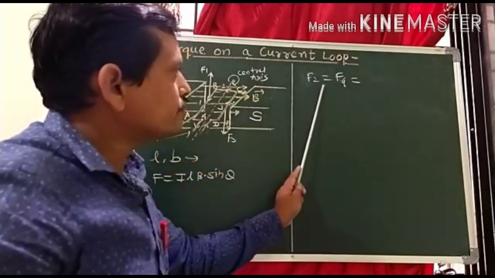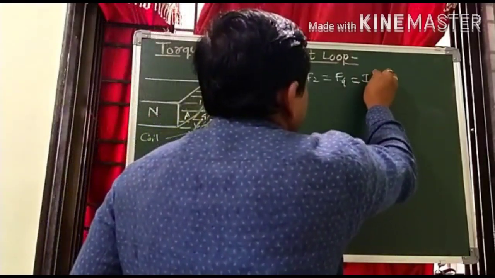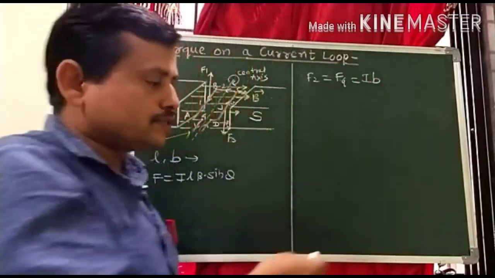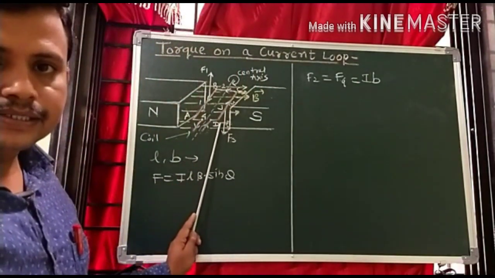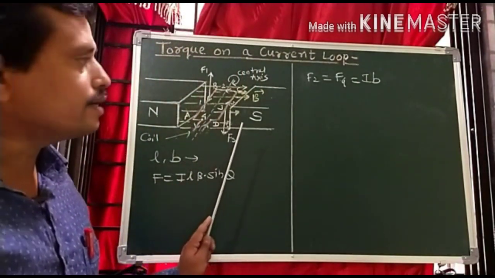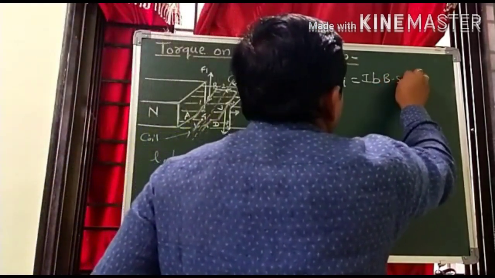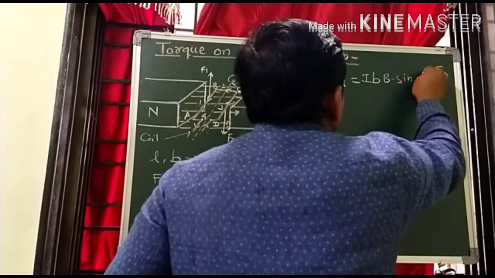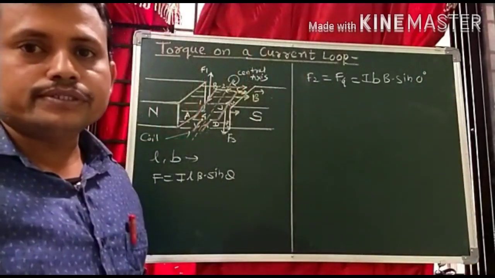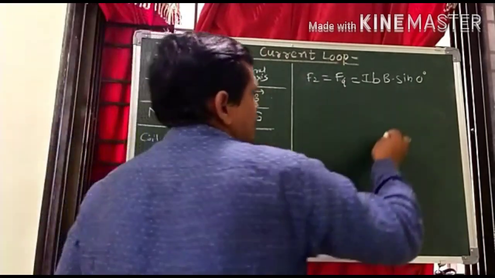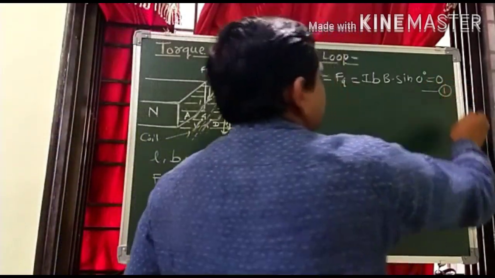That is, F2 equals F4 equals I into b, where small b is the length of the sides BC and AD, that is equal to the breadth of the rectangle, and therefore I b into capital B multiplied by sine of 0 degree, as here angle theta is equal to 0. Sine 0 is equal to 0 and therefore this will become 0. This is equation number 1.